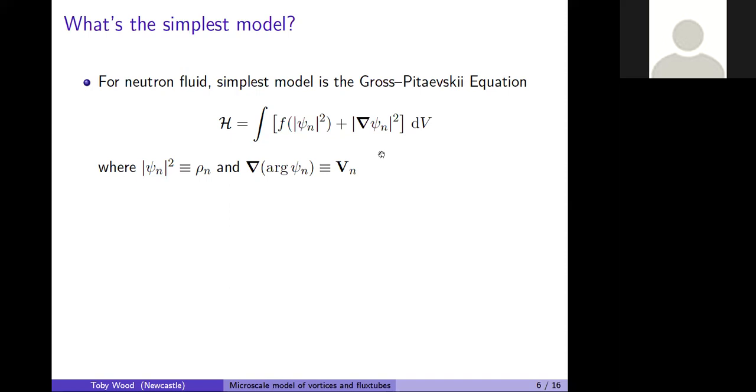Psi n is our order parameter, kind of wave function, for the neutron fluid. So that's just a complex scalar field. And then we identify the superfluid density and superfluid velocity in terms of the modulus and the phase of that complex scalar.